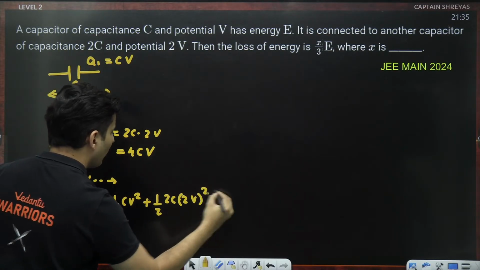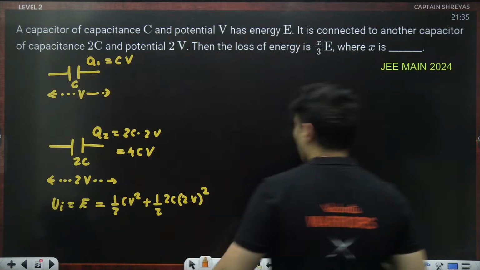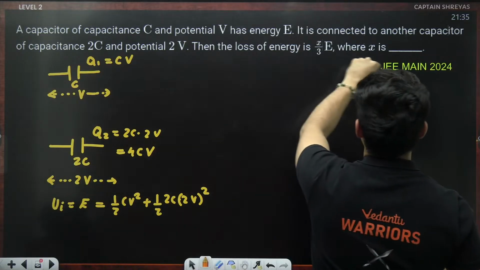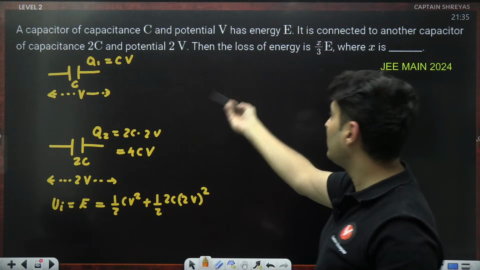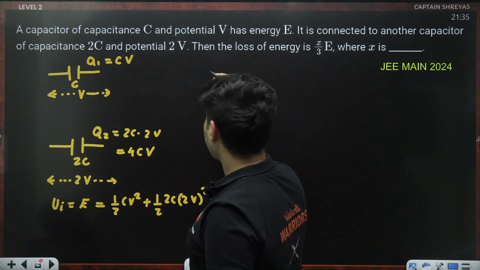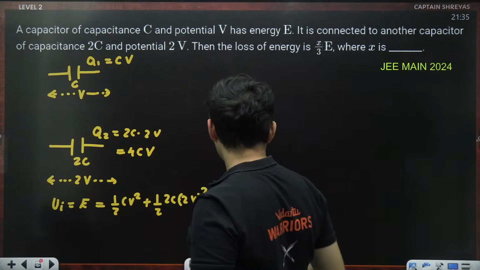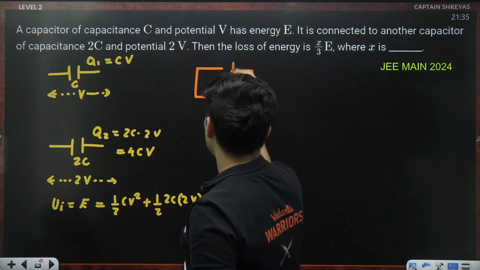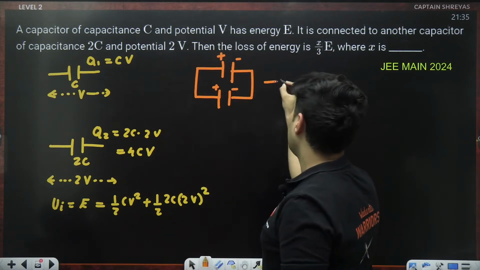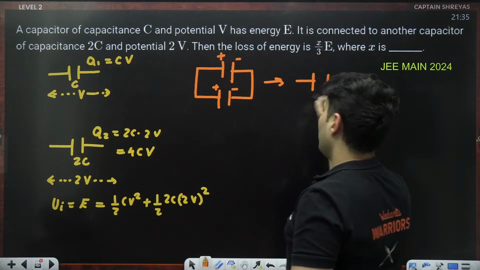Now you connect these capacitors. I think it is connected to the other capacitor. So what will happen is basically something like this. These both will be in parallel, so I can just look at them as a single capacitor.